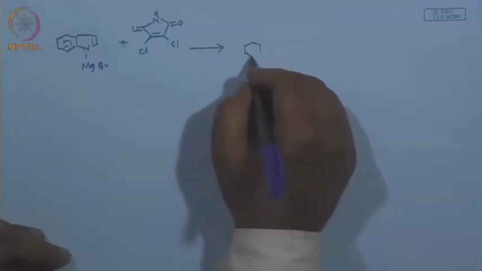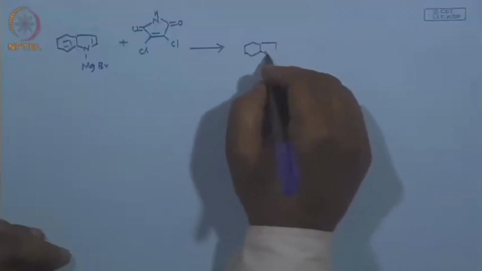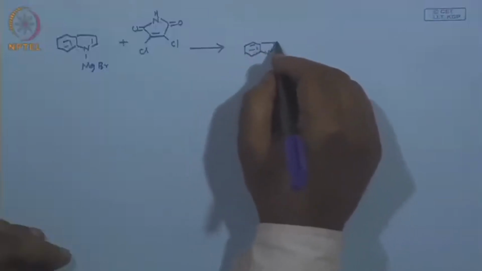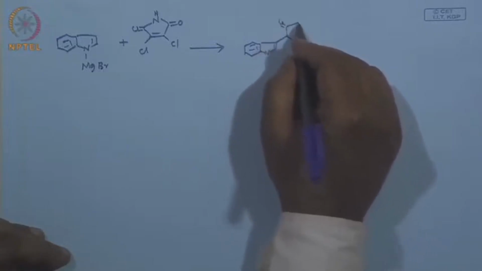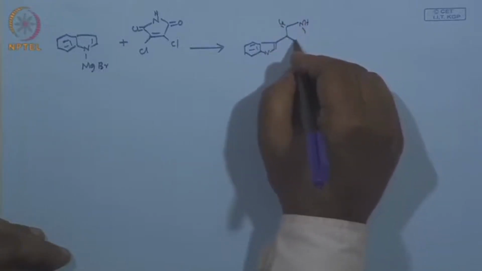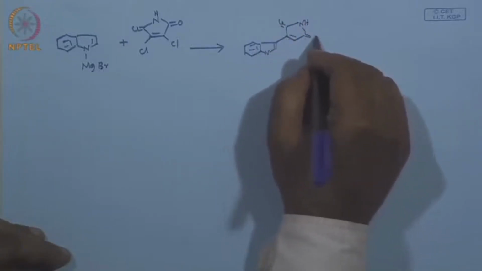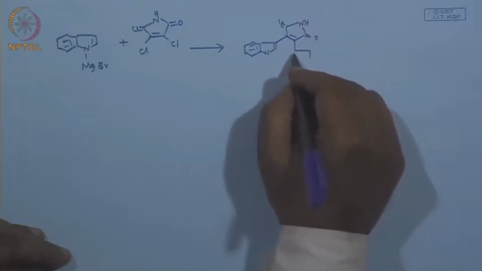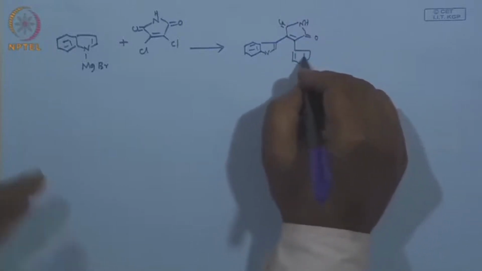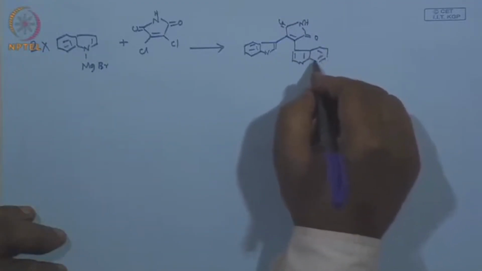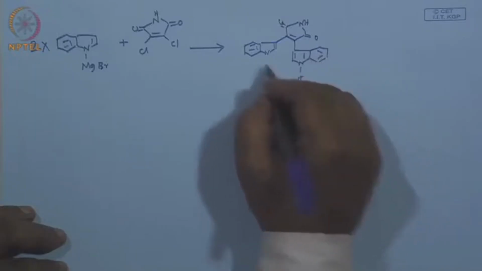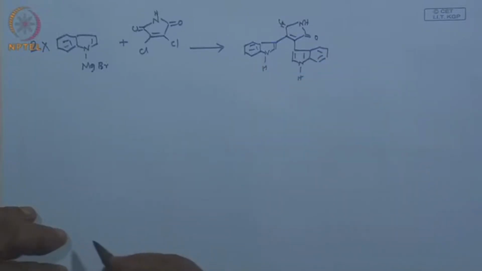The eventual result is a molecule. Of course, it will require twice the amount of this magnesium reagent, and this is hydrogen, this is hydrogen, this is hydrogen.